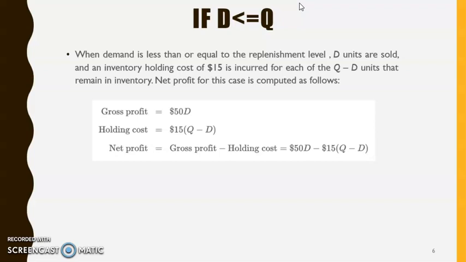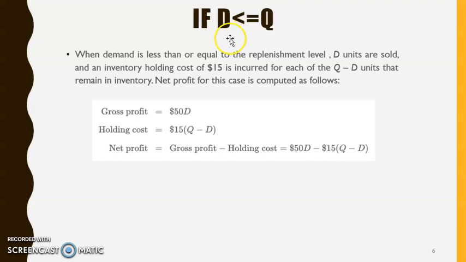Obviously you can satisfy all the demand because your inventory is high. As you can see here, Q, that is your inventory level, is higher than demand. So you have no problem satisfying all the demand.